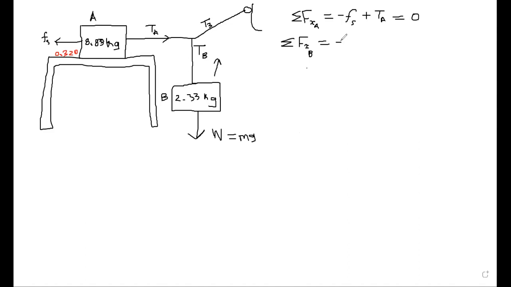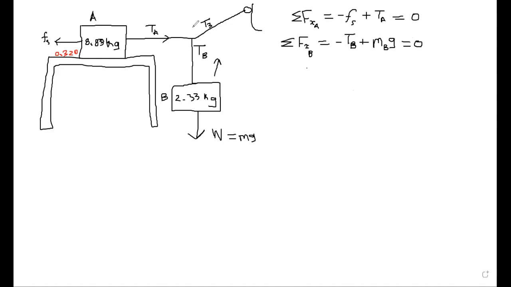So negative TB, we are adding the forces, plus positive mg. Which m? The one that has got to do with B. These forces must also give us 0.